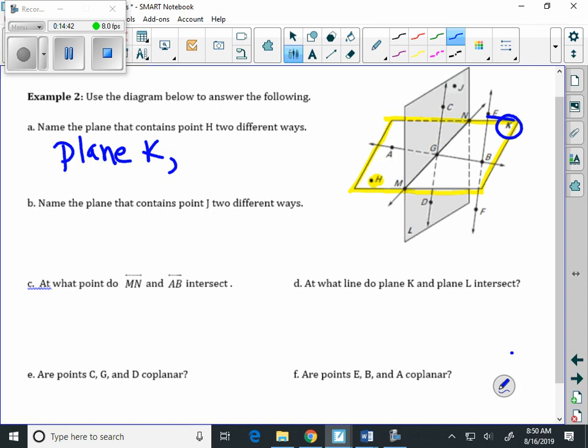Or we name a plane with 3 different points. They have to be within that highlighted plane there that we use. I said A, B, and H, because those are all values in there. We could say, let's make it simpler. Let's do A, G, B.